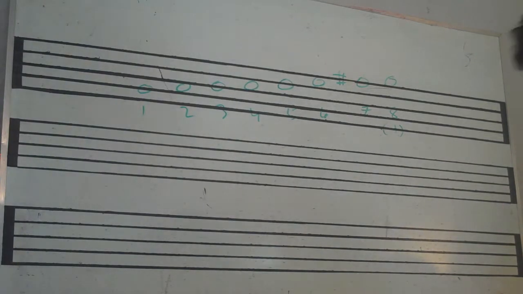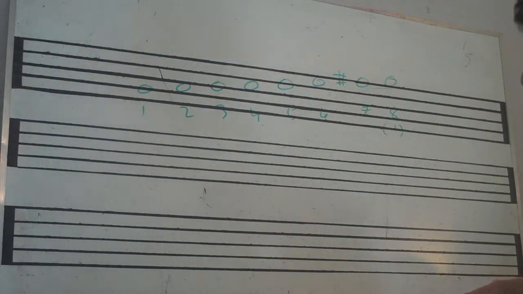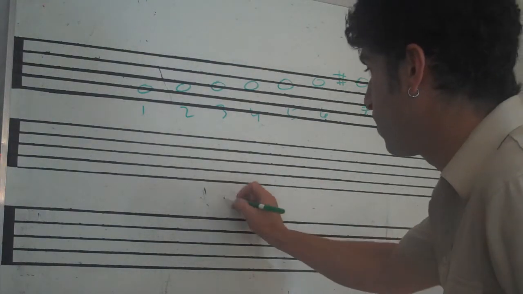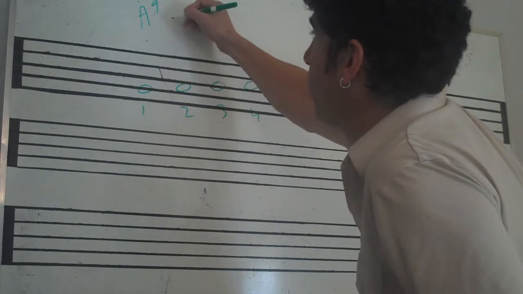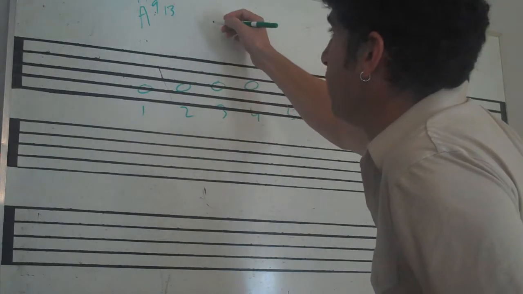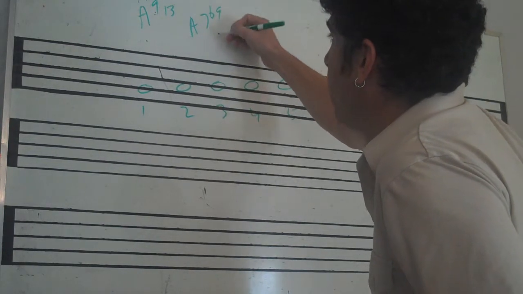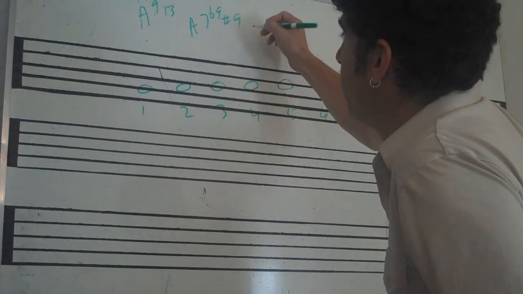And a lot of times when you are looking at chord charts or music and it has the chords, you'll see something like A9 or A13 or A dominant 7 flat 9 or A dominant 7 flat 9 sharp 9.